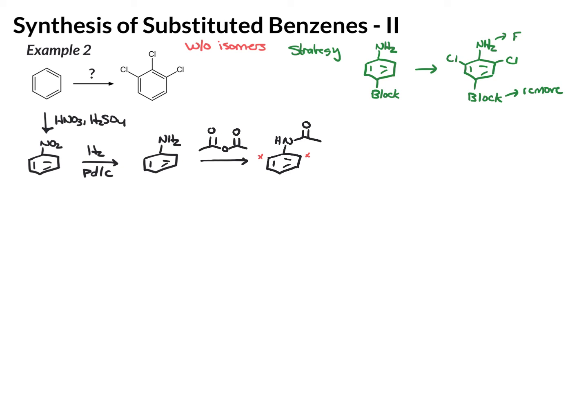And now I can do a nitration to get a nitro group at the bottom of the ring. So I've effectively added my group that blocks that para position.